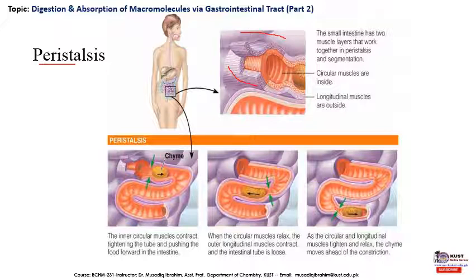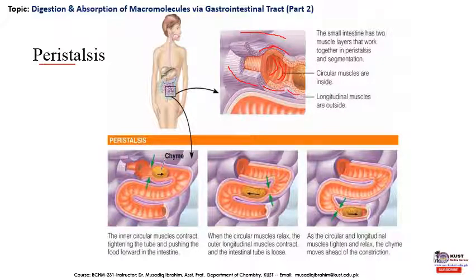The circular muscles are present on the inner side of the small intestine, and the longitudinal muscles are present on the outer side of the small intestine.